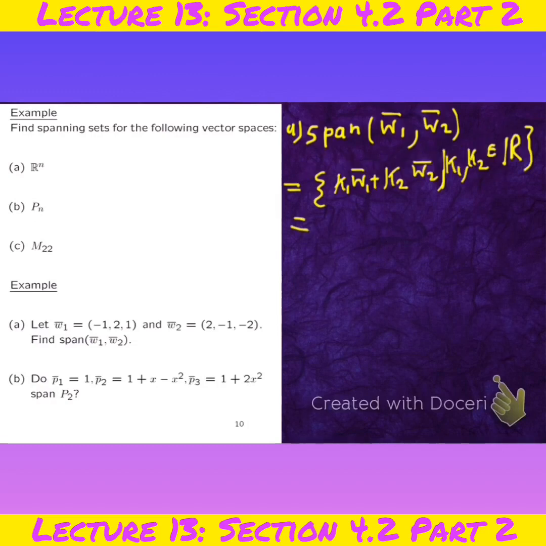Okay, and now that we know what the vectors W1 and W2 are, the span is pretty much just all vectors of the form K1 times (1, -1, 2, 1) plus K2 times (2, -1, -2), where remember, K1 and K2 are real numbers.